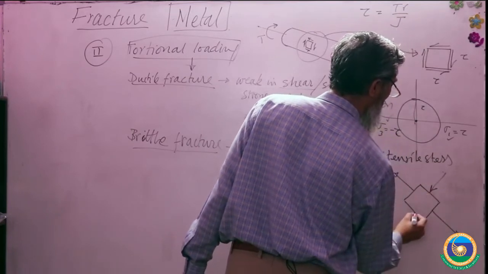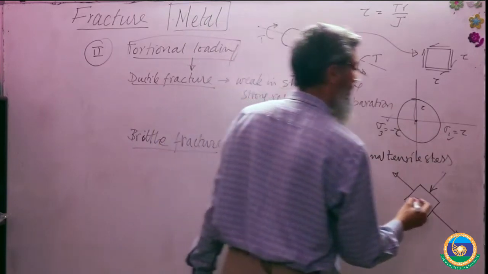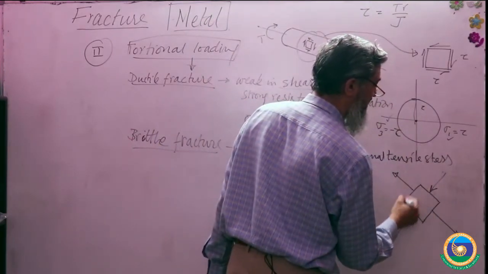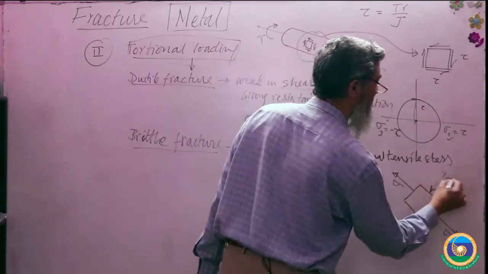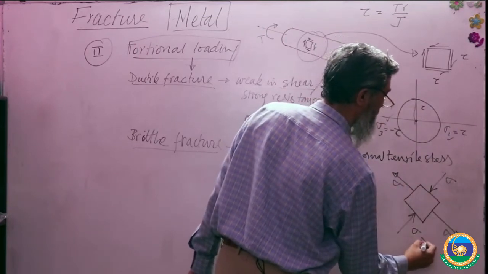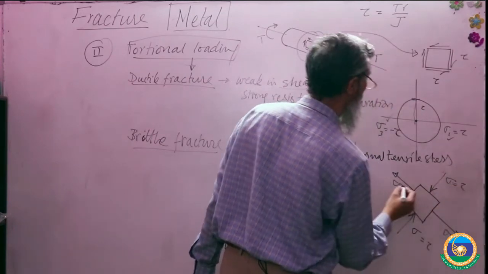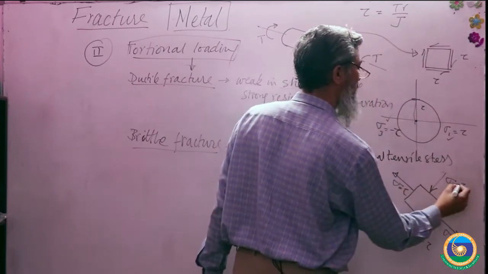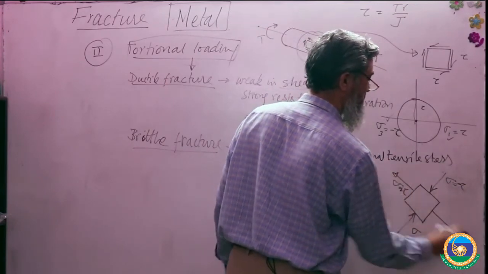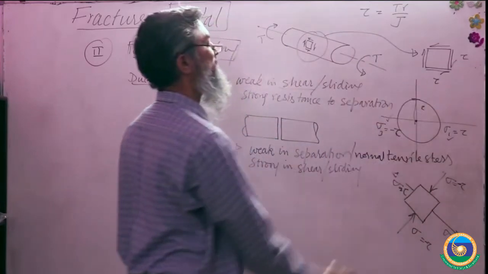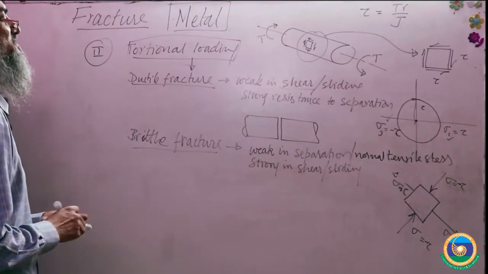So a simple pure torsion is a stress state in which there is a combination of tensile and compressive stresses, equal to tau, tau, tau and tau. This is minus, this is minus, this is plus and this is plus. This is tensile, this is compressive. These are the maximum and minimum principal stresses.